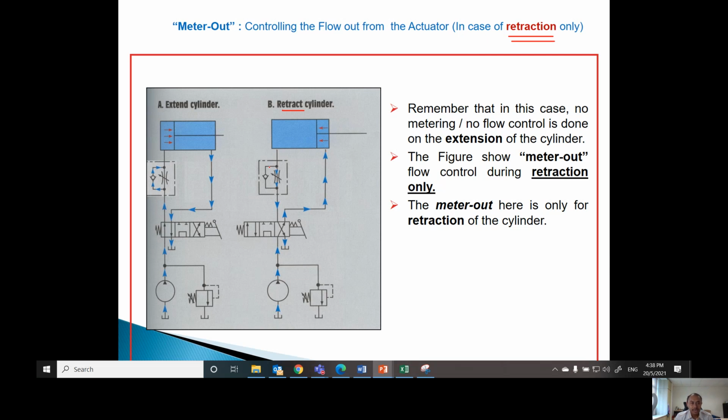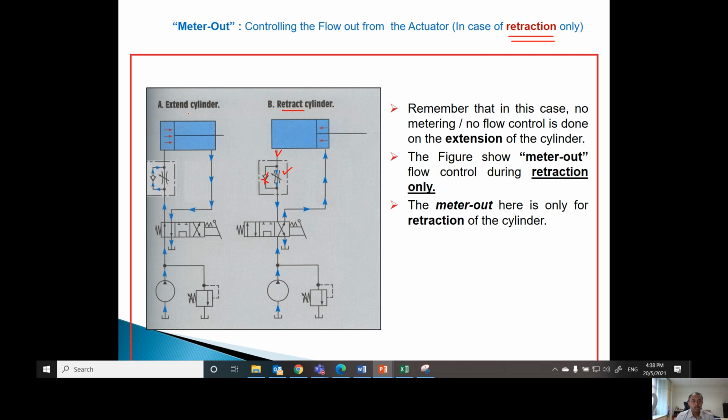When the oil is leaving the blank end, again this is blocked. So this FCV will be active and will control the flow rate depending on how much you set on the opening. So in this case, the retraction is being controlled by meter out, because you are controlling the flow rate leaving the cylinder through the FCV.